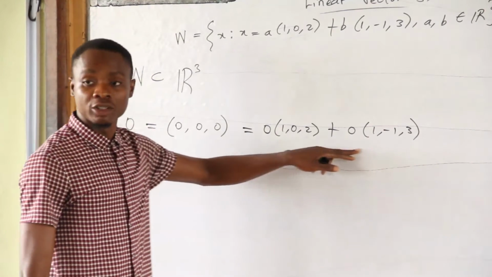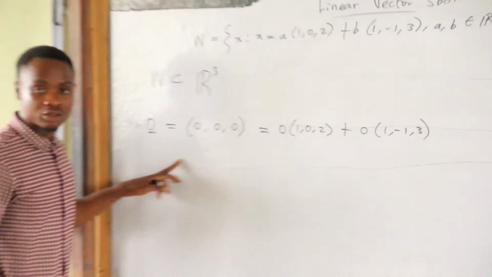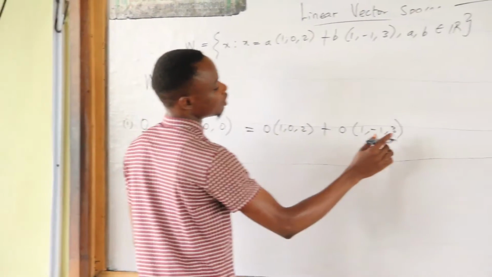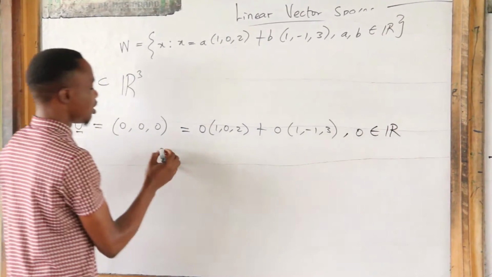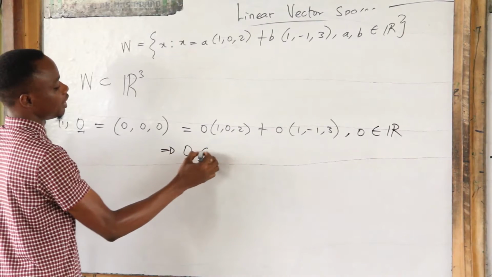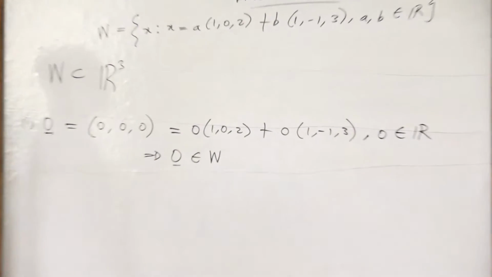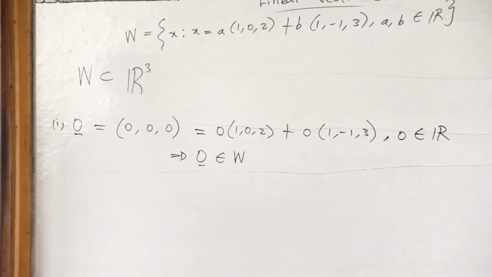Multiply this by 0, I get (0, 0, 0). And when I add them, I definitely get this. So obviously, 0 is a real number, and the zero element is also contained in W, because a and b can take any real value. The zero element is present.